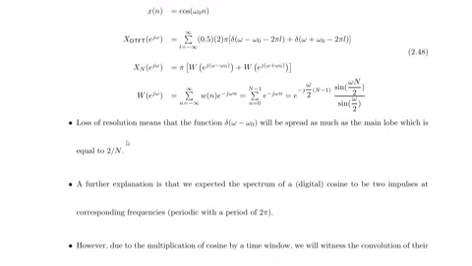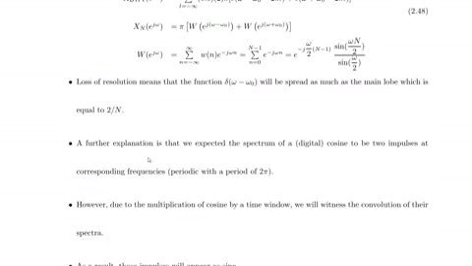What about loss of resolution? It means that the function delta of omega minus omega naught will be spread as much as the main lobe, which is equal to 2 over N. Okay? Instead of having impulse Dirac, we will have a main lobe.